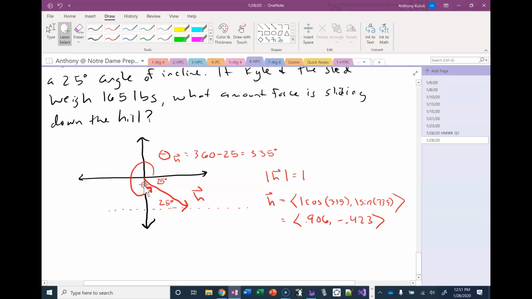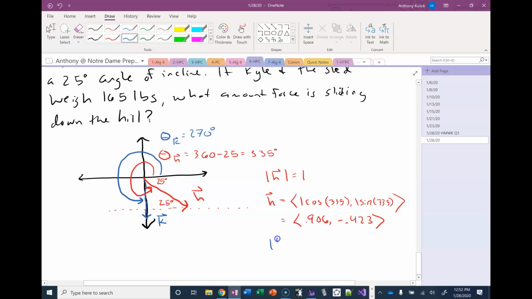I have a second vector going on, and that second vector is Kyle and the sled. The only force acting on Kyle and the sled is gravity. What direction does gravity act on any object? Straight downward. So I'm going to call this my vector K. So this is the direction for vector K. What is that angle that I've just drawn there? 270.